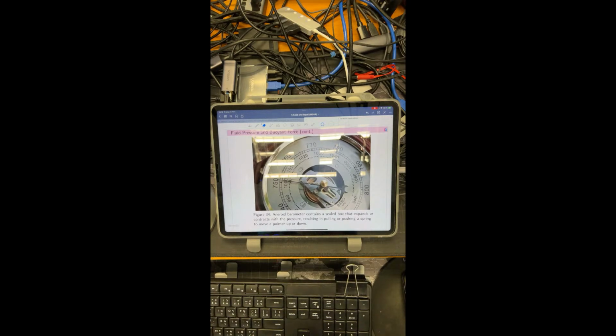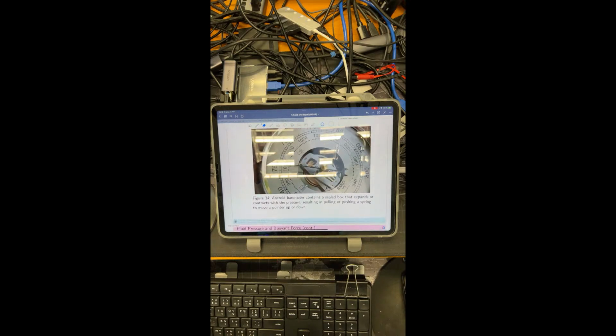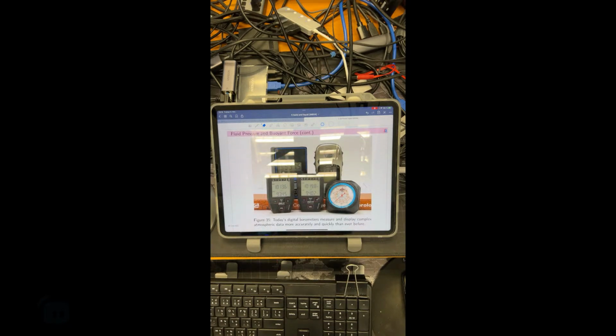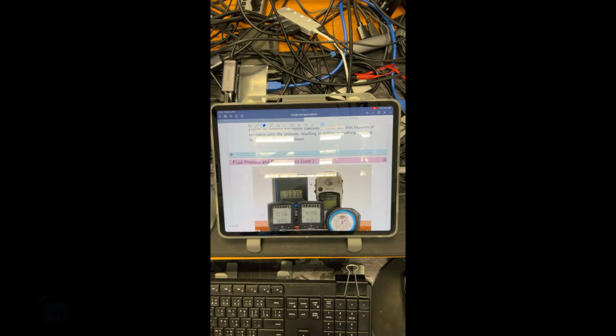It shows symbols like sunny day, cloudy day, and rainy day. Nowadays that type of aneroid barometer is no longer in use.